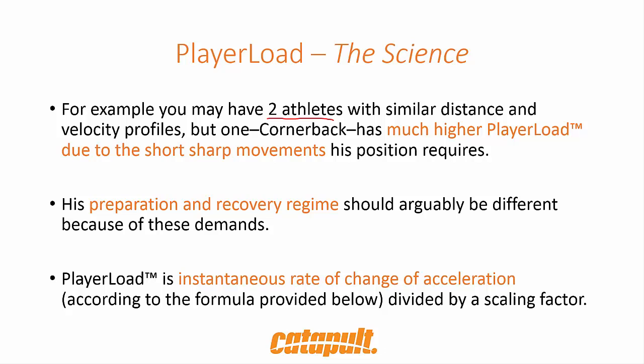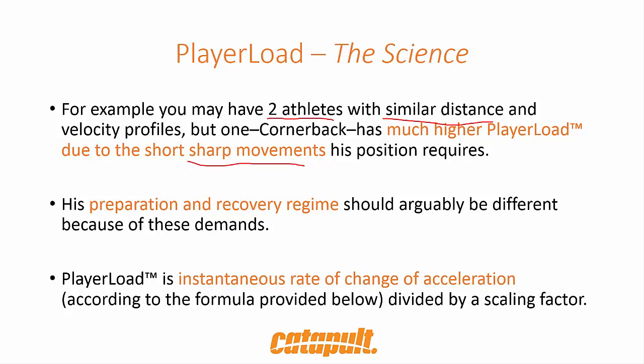This could be due to him taking a larger number of reps, or having a higher intensity coming into each rep than the other cornerback. That's where we would dive a little bit deeper, but essentially what it's showing is, if I have a guy who's got similar distance, but one's got a much higher player load, something's going on here, and that something is those short, sharp movements, and that's what player load is able to pick up in the accumulation of that.